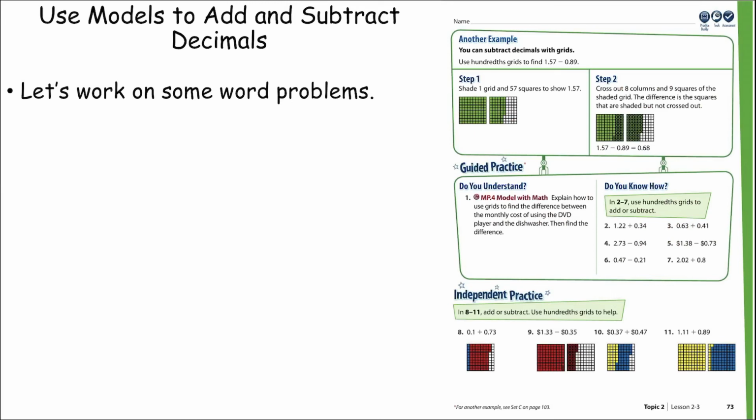So they give you some where the pictures are already made and you have to find the answer. So they say use the grids, add or subtract, use the hundredths grids to help. So it says 1 tenth plus 73 hundredths. You can easily count this up. You just count up what's here.